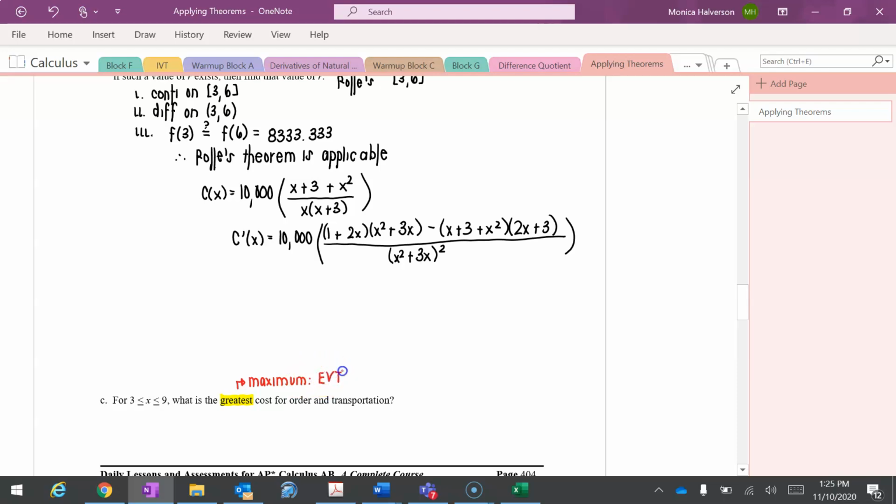Remember, the maximum can occur at the endpoints or at the critical points, which you just found in the previous problem of 4.098. If you plug those all into the equation, you get the following.